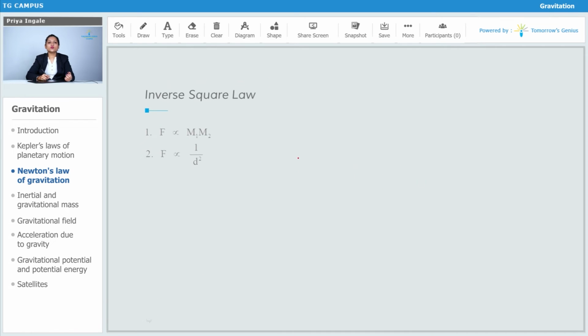And then according to the law, here we have written this mathematically: this force is directly proportional to the product of masses and it is inversely proportional to the square of distance between them.